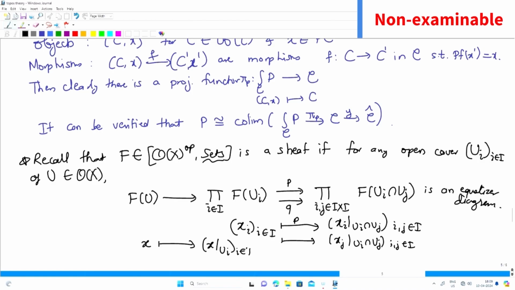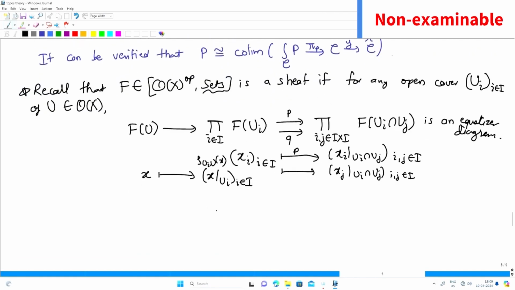I mean, the restriction is actually given by the restriction maps. Technically speaking, what I should be writing here is rho UIU of x. But I'm not doing that because you understand it better as functions, local sections.